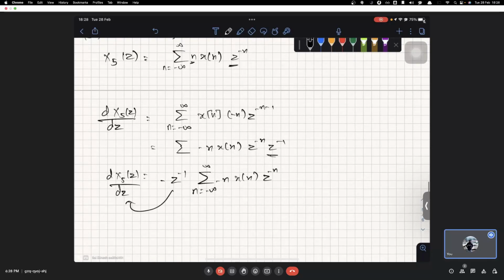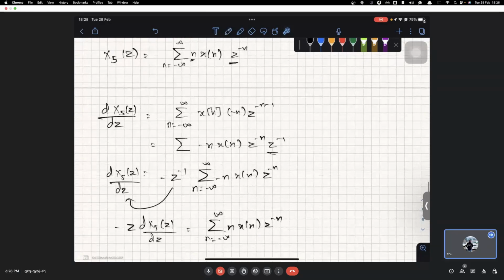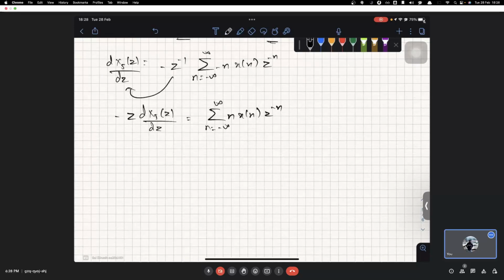If we bring it this side, this will be equal to minus z times d x5 of z by dz, which is equal to the sum over n from minus infinity to infinity of n times x of n z power minus n, which is what we wanted to find anyway. So what we finally understand from that step is n times x of n is a z transform pair with minus z into dX of z by dz.